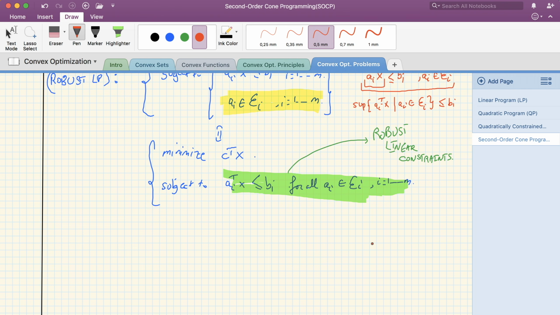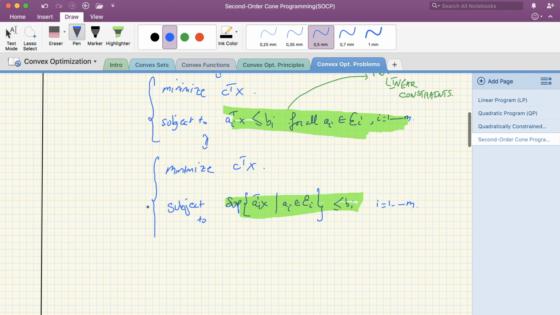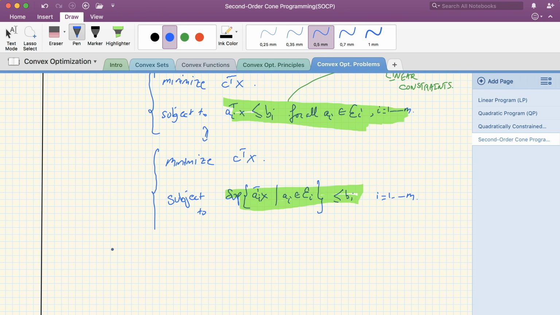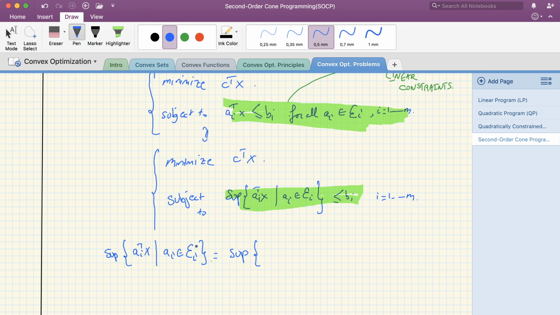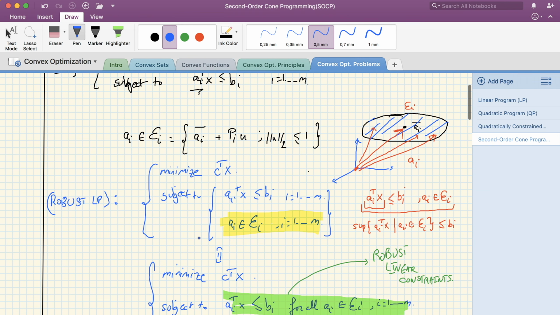Now, let us rewrite this with the supremum. So this is it right now. Now we could rewrite this in a simpler way. That is to say, note that the supremum of the quantity AI transpose X, where AI falls in EI, could be rewritten as the supremum of... Now, if AI falls in EI, we go back to the definition of EI, which means that AI will take this form, right?